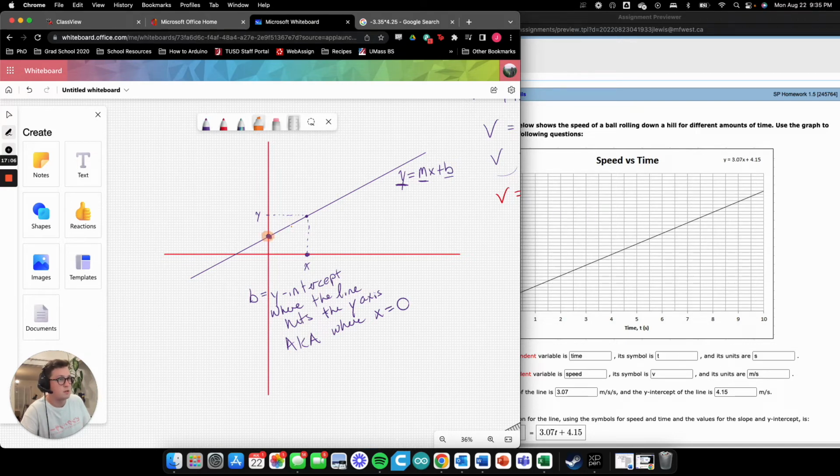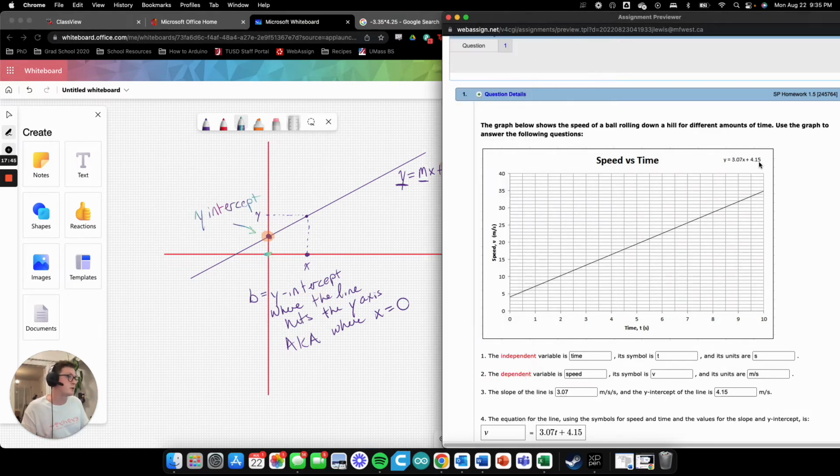Whatever the value is at this point, that is the y-intercept. And you'll also notice that it will always be at 0 for the x, right at that center line. Generally, just visually, that's what the y-intercept is.